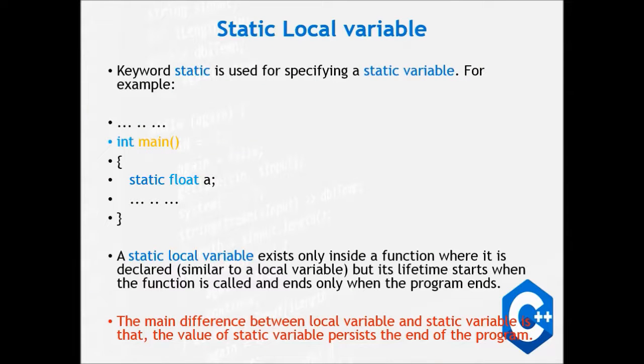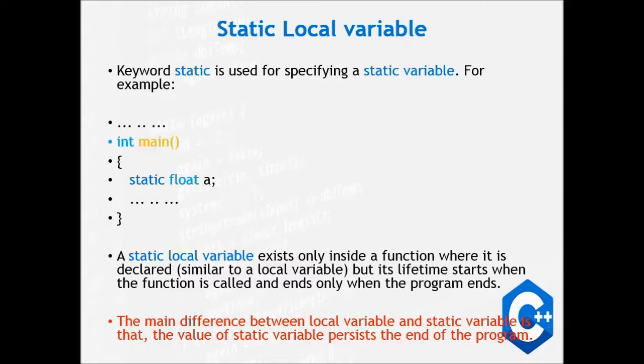Then our topic, static local variables. The keyword static is used for specifying a static variable. For example, in our main program, if we declare a variable a with a data type float, and if we use the keyword static in front of it, it makes it a static variable.